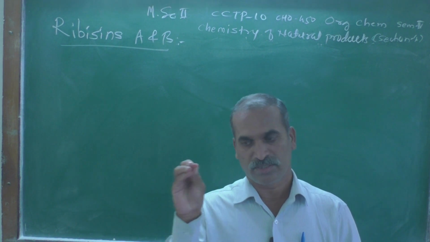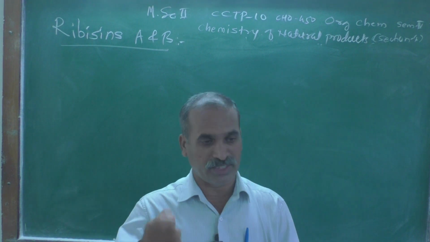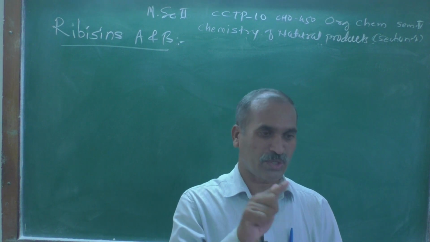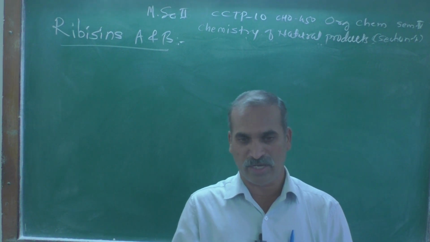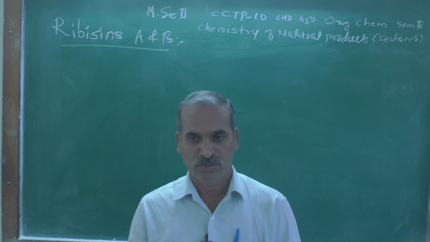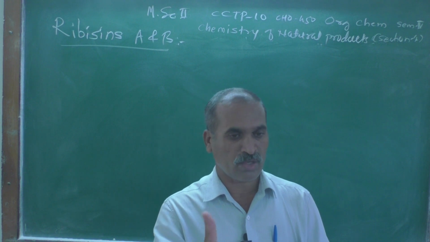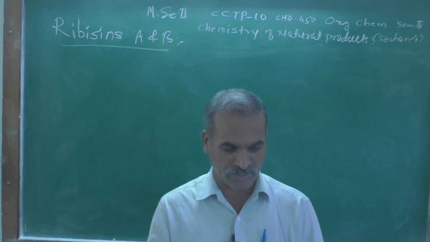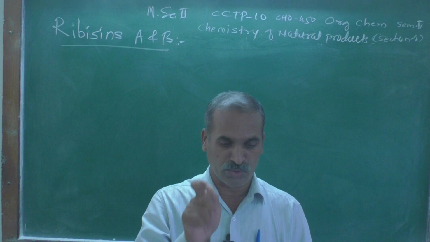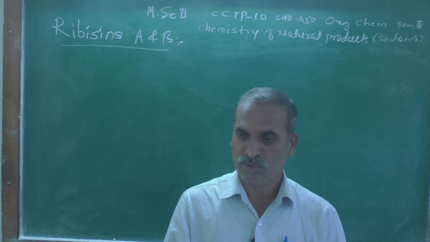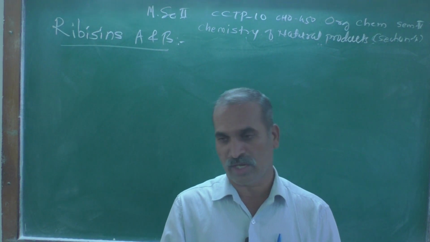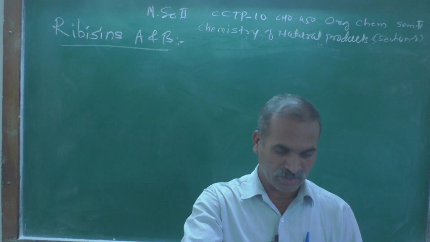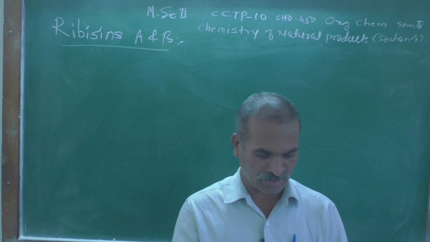Minus means that the molecule is optically active in nature, which can rotate the plane of polarization in a counterclockwise or anti-clockwise manner, and that's why it is known as levorotatory, which has a specific rotation toward the anti-clockwise direction.